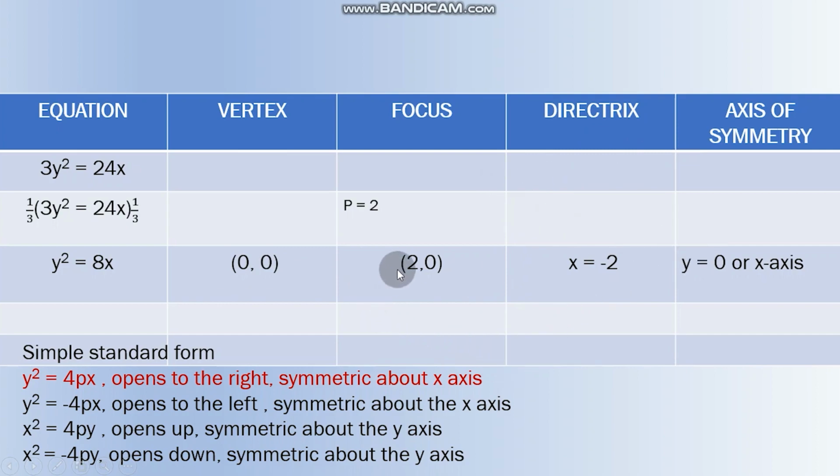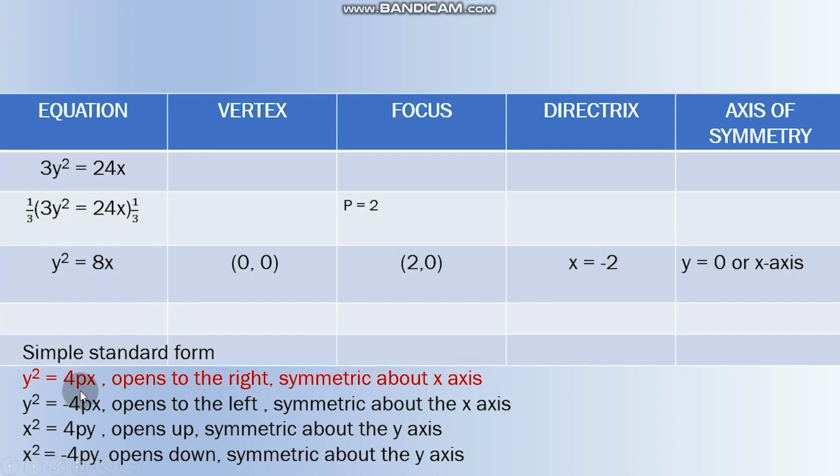Okay? So, how do you compute the focus? It is lying down, okay? Earlier, the one we changed was y, because the parabola was in an upright position, just opening downwards. But this time, it's lying down. So, instead of y, x is the one we change. What's the pattern? The variable with no exponent is the coordinate we change. Since x has no exponent, x is the one we change. So, how come it's 2? Because 4p is equal to 8.